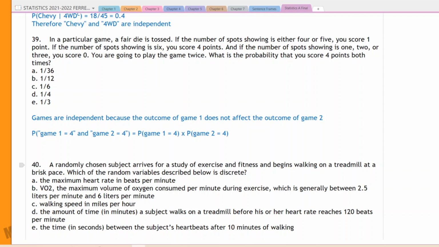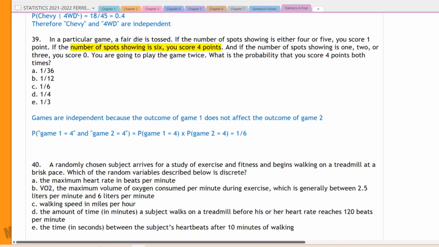Well, you get 4 points if the number of spots showing is a 6. So that means the probability of getting 4 points on the first game is 1 out of 6, because there's only one way to get 6 spots showing out of the 6 outcomes.